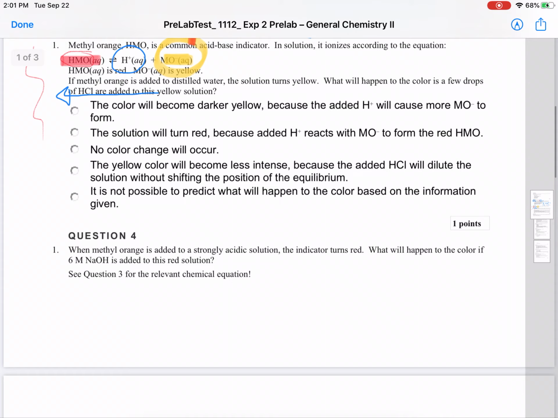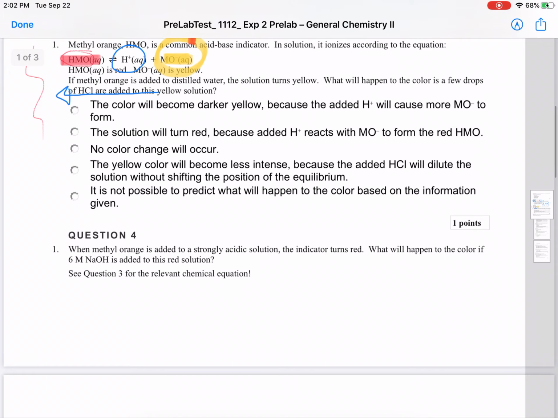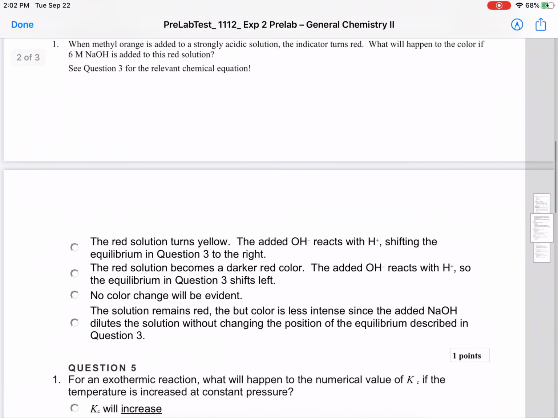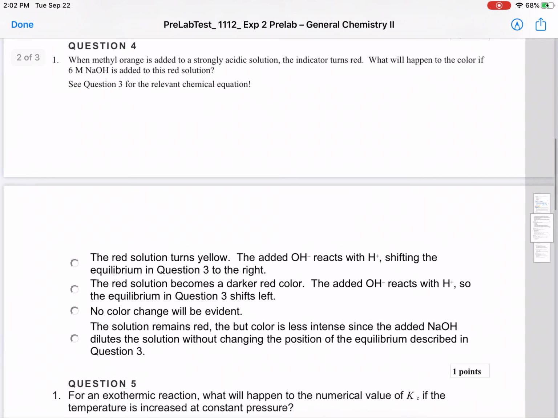The color will become darker yellow, because added H plus will cause more MO minus to form. The solution will turn red because the added H plus reacts with MO minus to form the red HMO. No color change will be evident. Oh no, I'm just looking at question 3. Question 4, wait. Alright, let's see the choices for question 4.